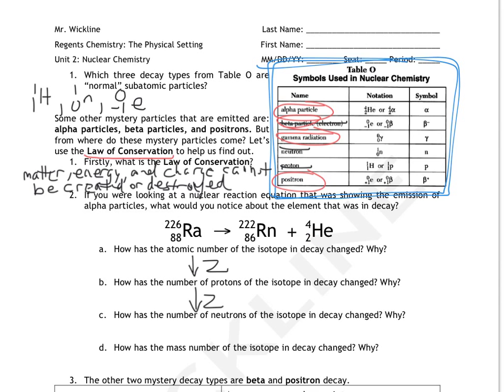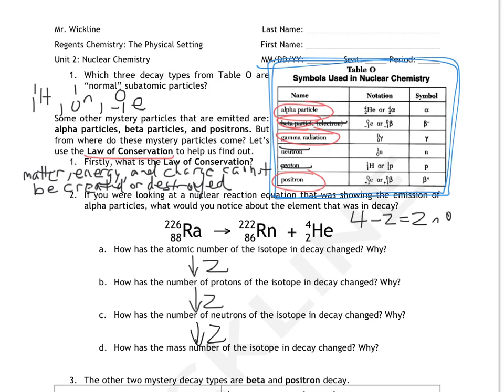That means it also has 2 neutrons. I'm doing 4 minus 2 is 2 neutrons. So if the alpha particle has 2 neutrons, then the number of neutrons in the radium isotope has decreased by 2 when it turns into radon-222. So I'm going to go ahead and say decreased by 2.